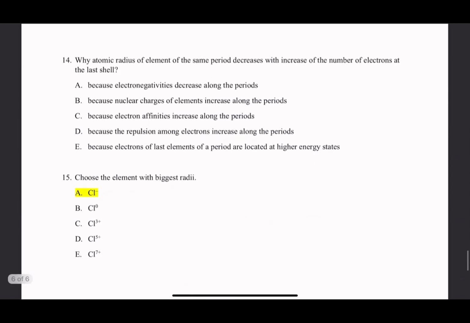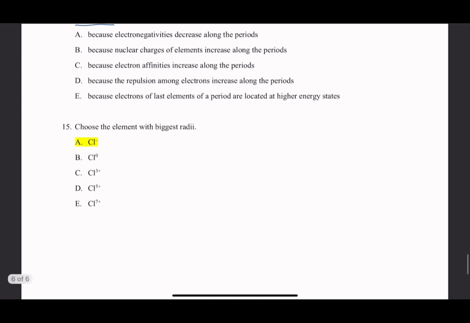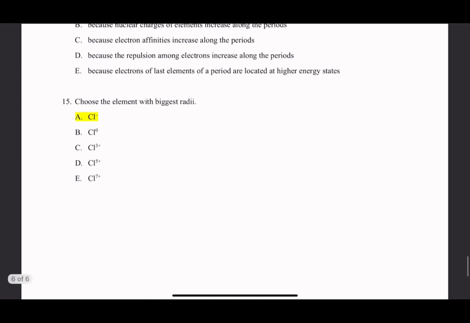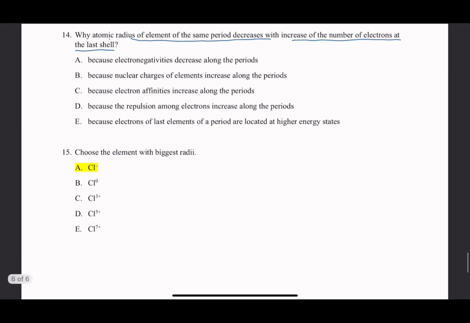Now we'll look at question 14: why does the atomic radius of elements in the same period decrease with the number of electrons in the last shell? About the atomic radius, I wanted to talk about this quickly. Dilara Khanum said that about the atomic radius in the scorn package.